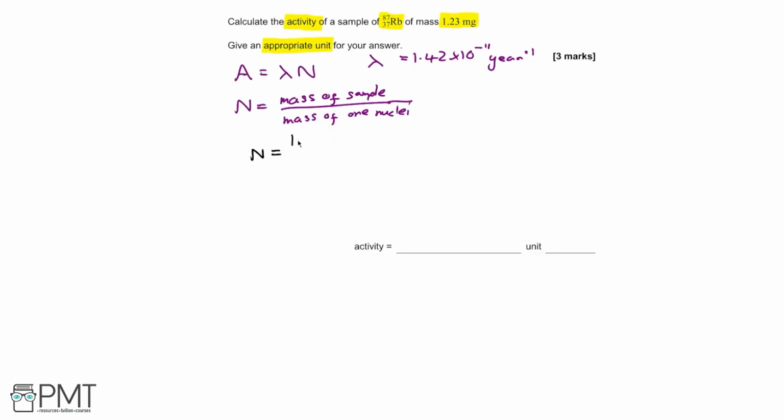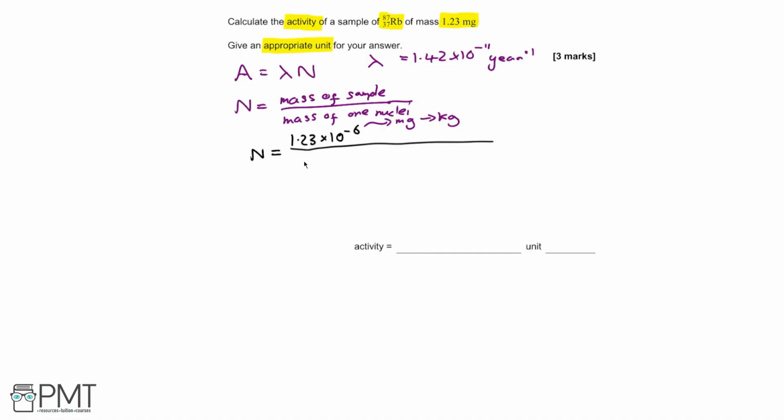So n is equal to 1.23 times 10 to the minus 6 here. So this is converting milligrams to kilograms now. We get a 10 to the minus 3 from converting milligrams to grams, and another 10 to the minus 3 from converting grams to kilograms, divided by the mass of one nuclei.